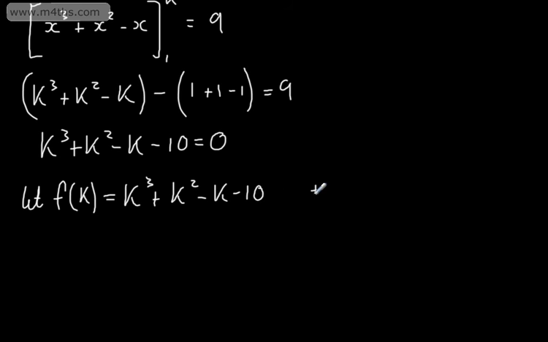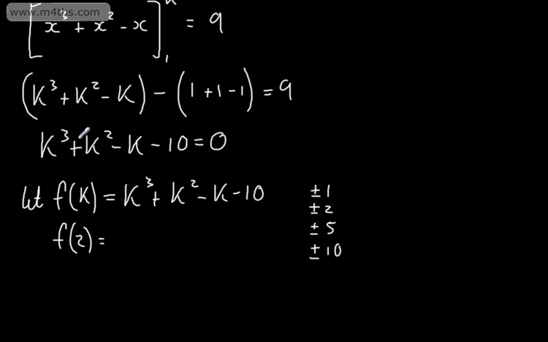Let's now look at the factors plus or minus 1, plus or minus 2, plus or minus 5, and plus or minus 10. Just looking ahead, 1 and negative 1 are not going to be any good. So if we try f of 2, if f of 2 is equal to 0, we can say that k minus 2 is a factor, and it's a solution to the equation.